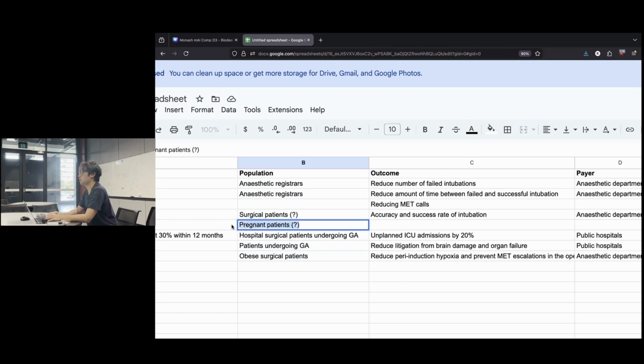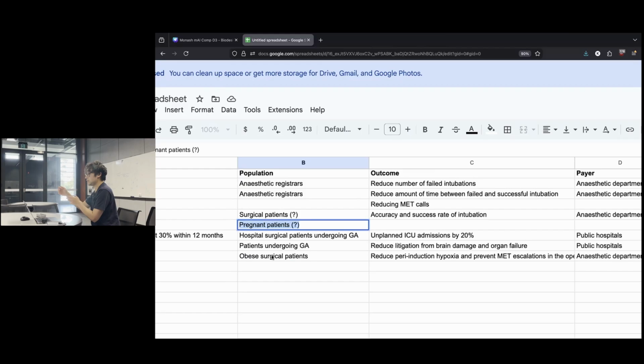You need to look up the stats, for example, how many pregnant patients have a med call from failed intubation, and how many obese patients have a med call from a failed intubation. This is where you can ask people. If you can't ask people because time is too tight, then you can look up research.